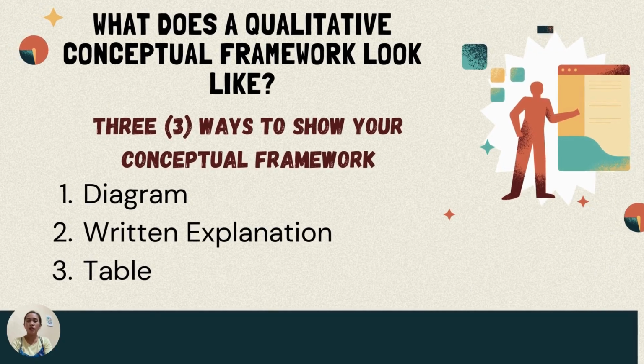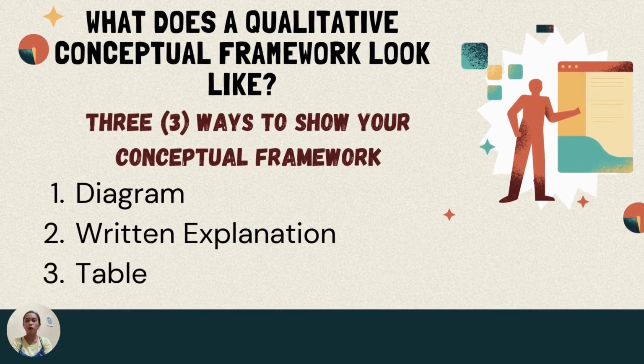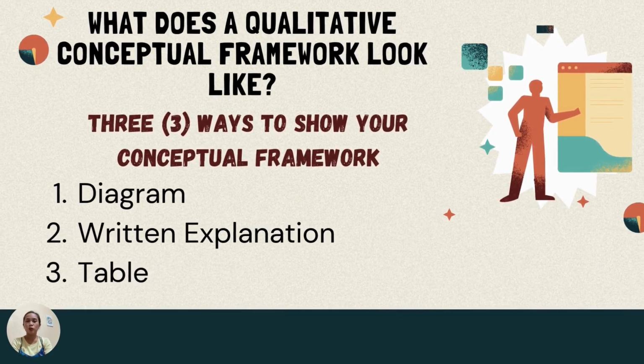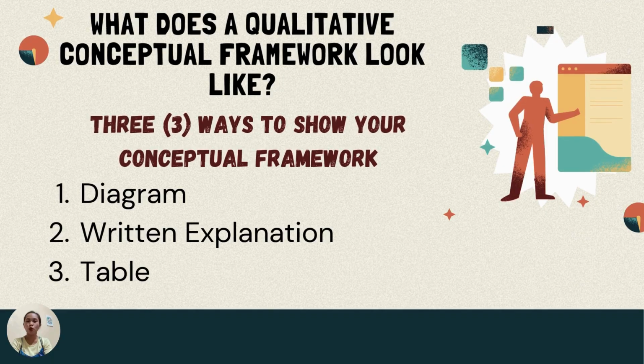Now, what does a qualitative conceptual framework look like? So, there are three ways to show your conceptual framework. First is through a diagram, second is a written explanation, and third is a table. So, this part is really up to you. It depends on your style, on your preference, but the most commonly used is diagram.